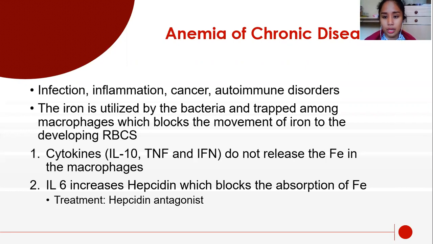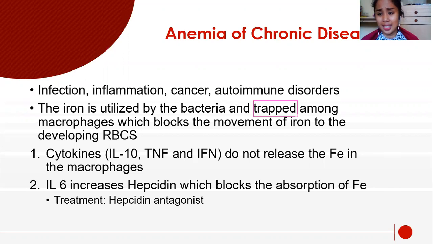These cytokines are trying to kill all the bacteria, but apparently they have side effects. Iron is utilized by bacteria and trapped among the macrophages. Maybe this is the keyword in anemia of chronic disease: iron is trapped in the macrophages.